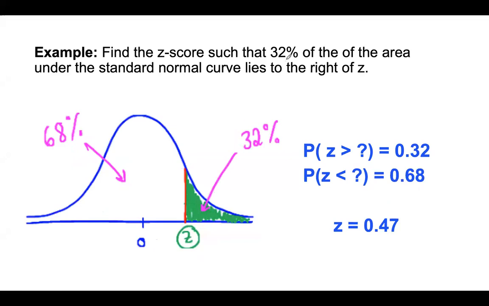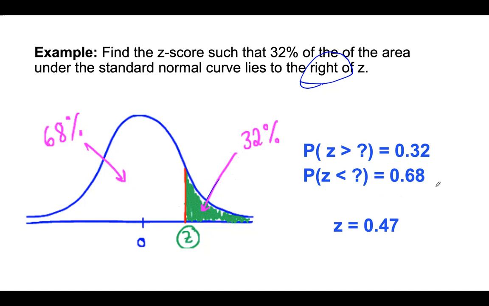Find the Z-score such that 32% of the area under the normal curve lies to the right. So 32% is to the right. Just notice the keywords first. This is the probability that Z is greater than question mark equals 0.32. Well, that's the same as the probability that Z is less than question mark, 0.68. Because if this is 32 and this is to the right, then the opposite would be 68 and to the left.